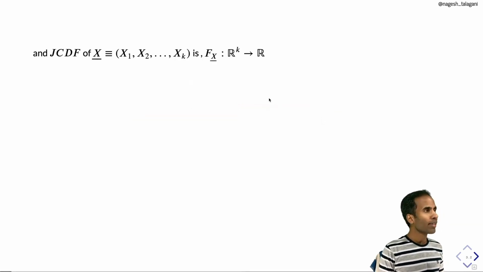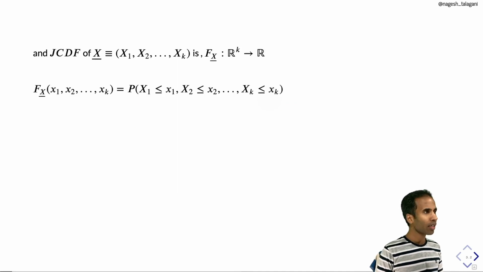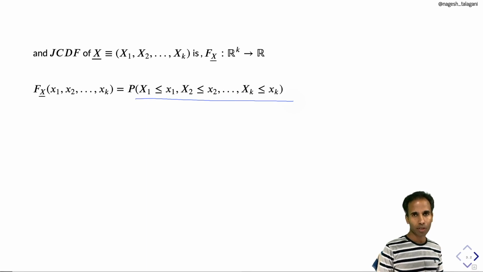Similarly, the joint CDF of this k-dimensional random vector is going to be F_X, which is a function from R^k to R defined like this. The joint CDF value at (x1, x2, ..., xk) is the probability of X1 less than or equal to x1, X2 less than or equal to x2, ..., Xk less than or equal to xk.